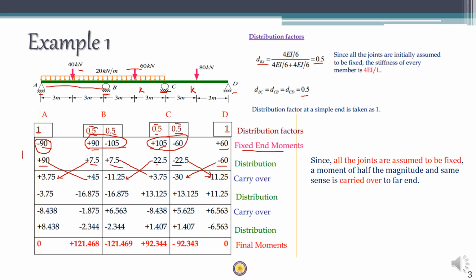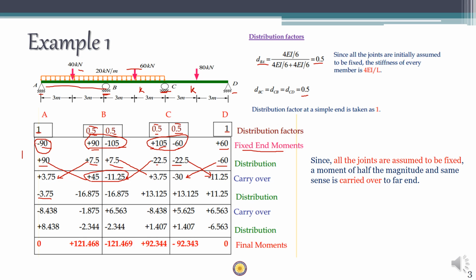Now again, if we check, we have some values of moments at each of the joints. Here we have plus 3.75. In order to balance it, we have to apply minus 3.75 multiplied by 1. So that will be our distribution again. Here you have to take the sum of these two moments. We get something like 34.75. So you have to distribute it as per the distribution factor.